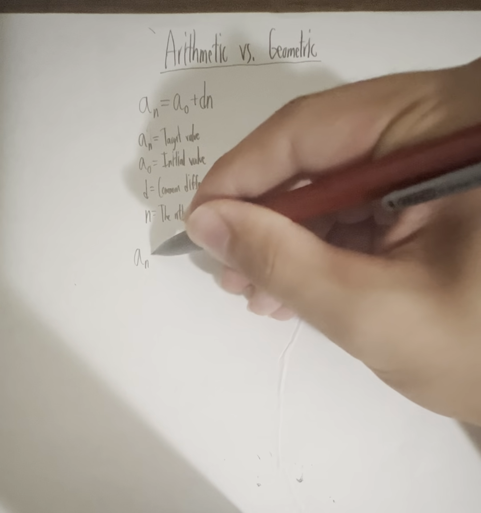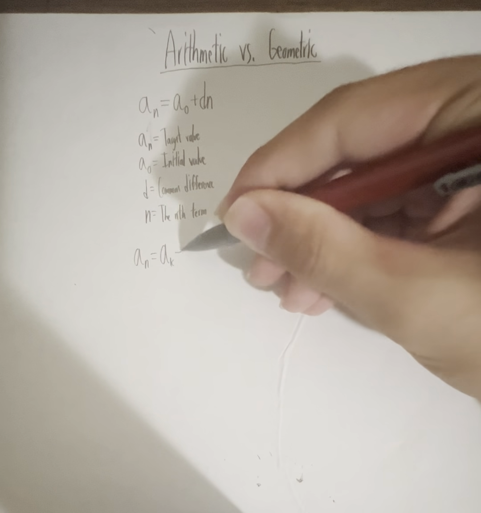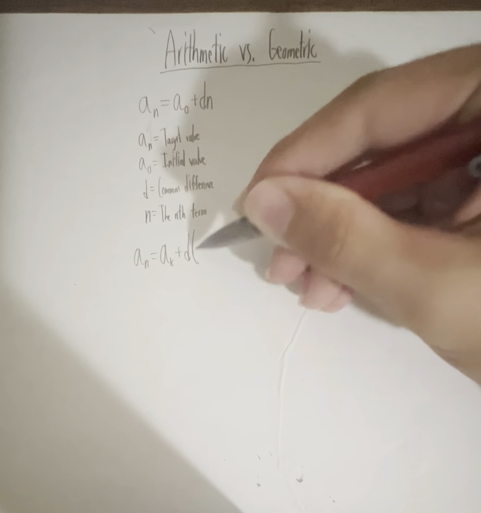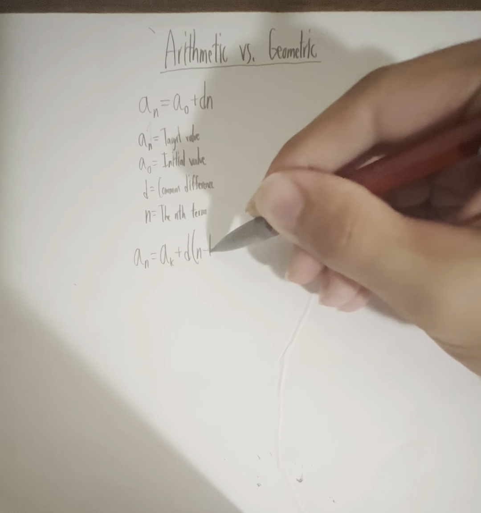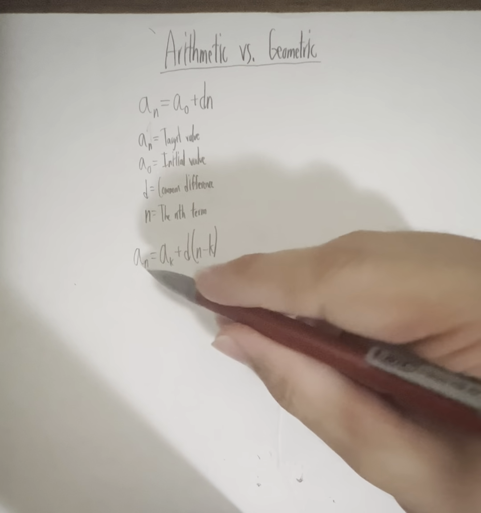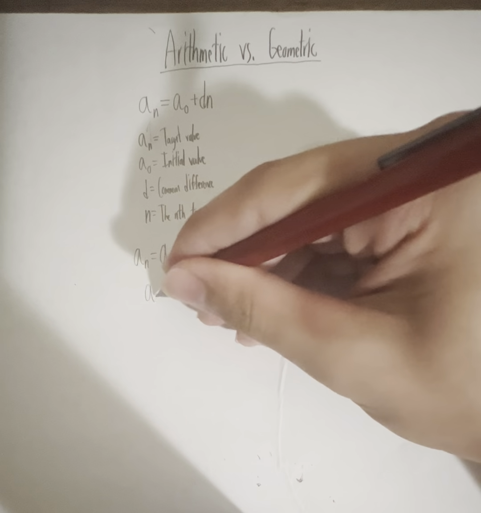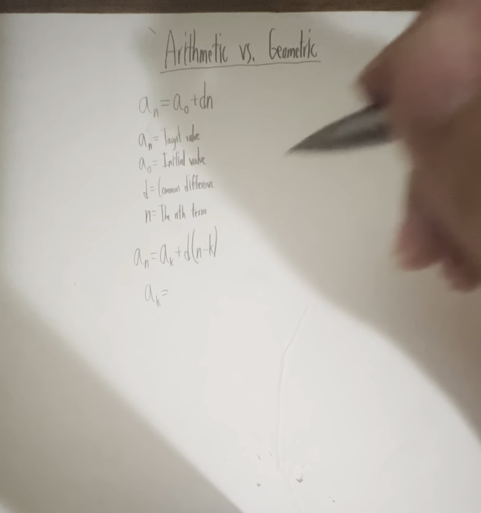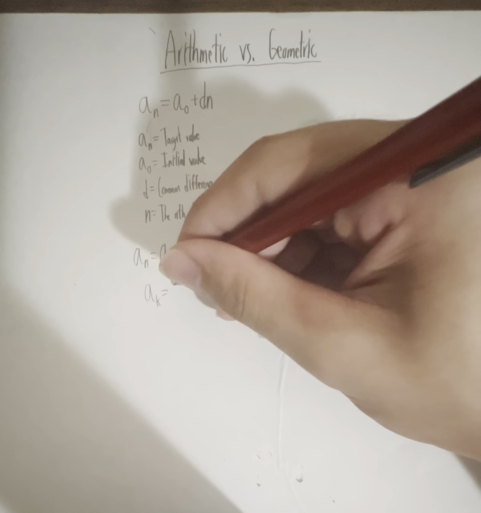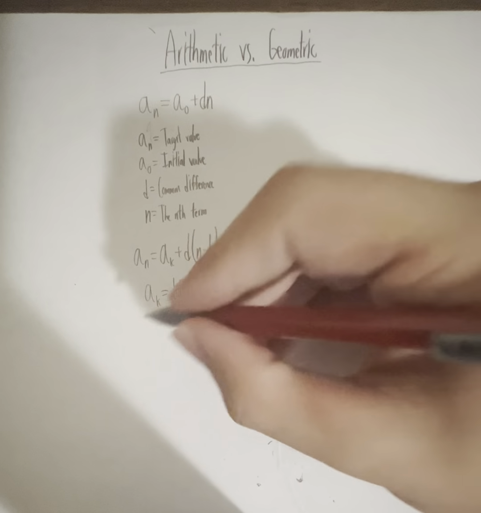Then we have another formula, which is a of n equals a of k plus d times n minus k. Now, we know what a of n is, we know what n is, we know what d is. But what a of k is symbolizing is the kth term of the sequence.